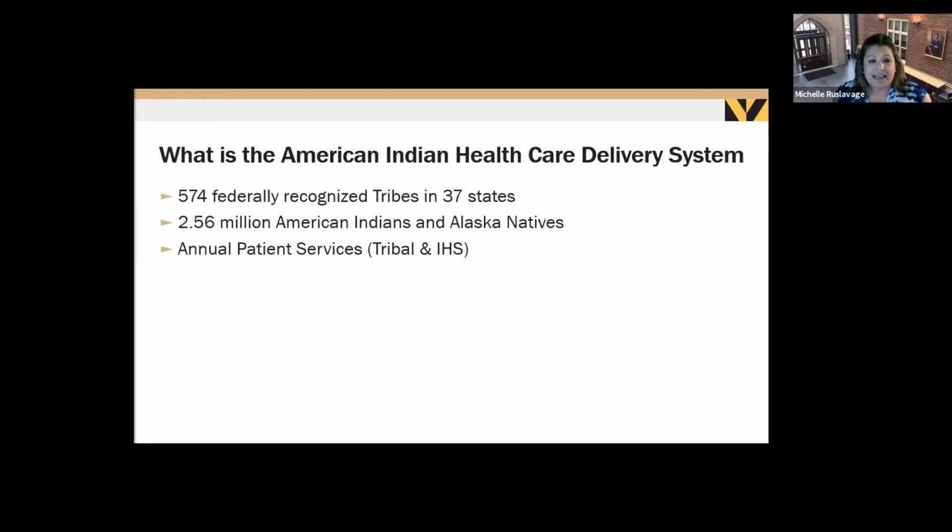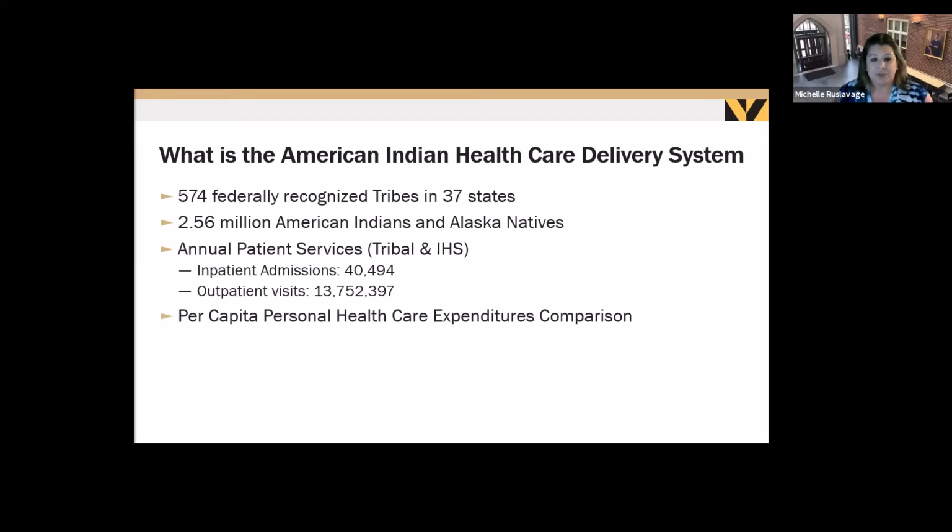And in annual patient services, which includes not only Indian Health Service facilities but also tribal facilities, in the past 2 years ago, there were 40,000 inpatient admissions and over 13 million outpatient visits.